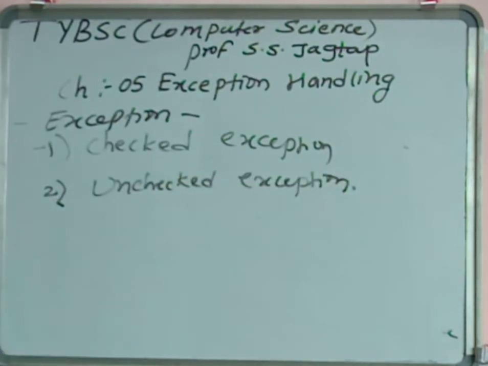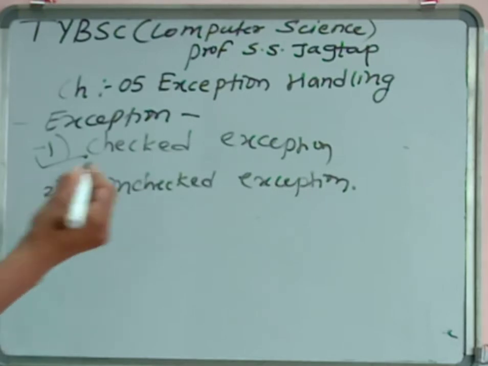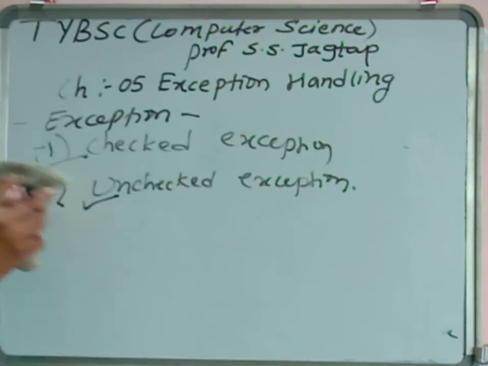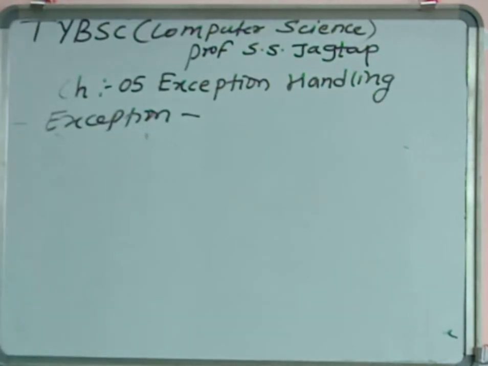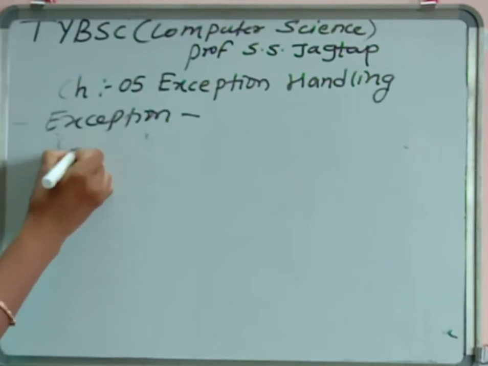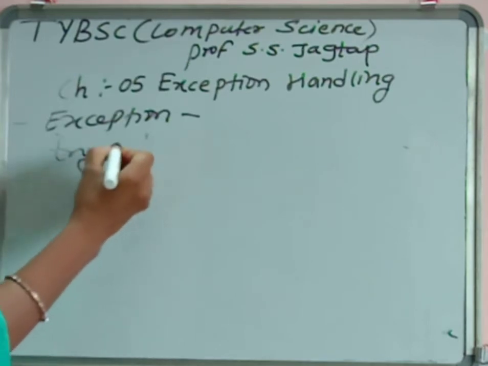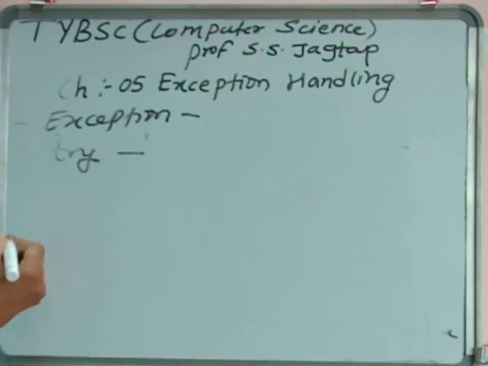The Java compiler checks programs for checked exceptions, while those which are not checked at compile time are called unchecked exceptions. Exceptions can be handled through blocks. The try block is used to find the problem.